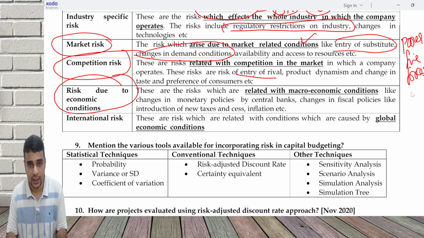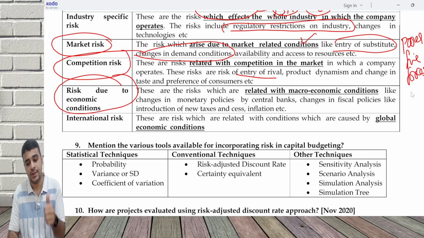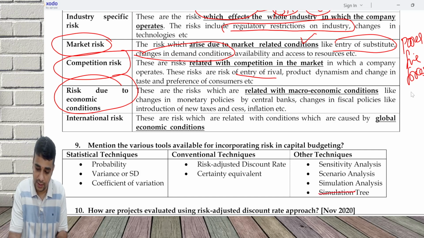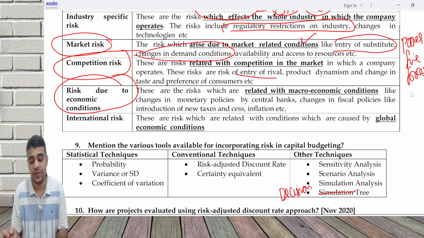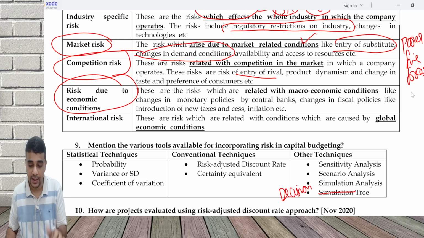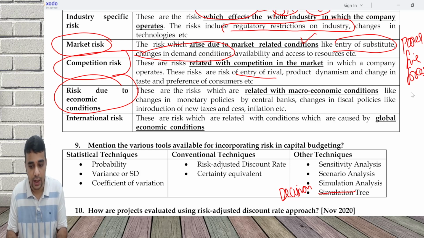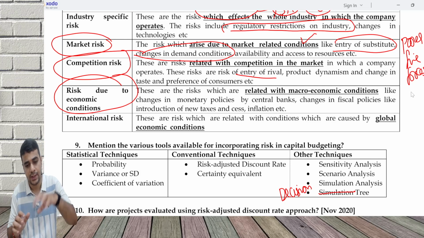And the newer techniques are sensitivity analysis, scenario analysis, simulation analysis, and, there's an error there, decision tree. It's not simulation tree, it is decision tree. So these are the various techniques available for the incorporation of risk in a capital budgeting problem.